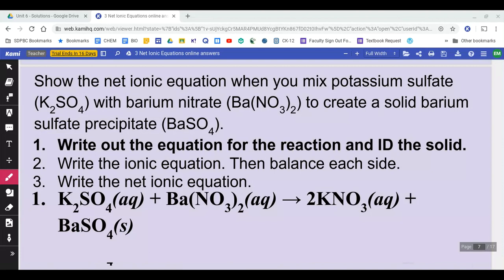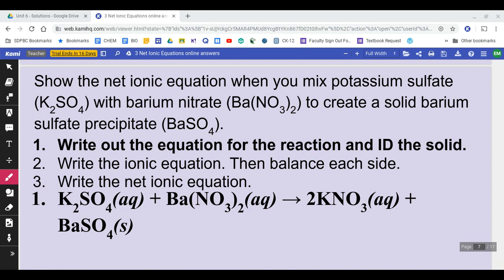Show the net ionic equation when you mix potassium sulfate, which is K2SO4, with barium nitrate, BaNO3, to create solid barium sulfate precipitate. So first, write out the whole chemical reaction, or the chemical equation, and then spot the solid.